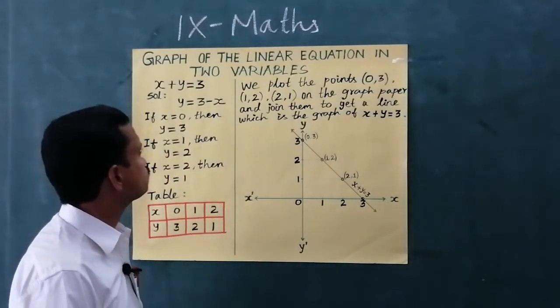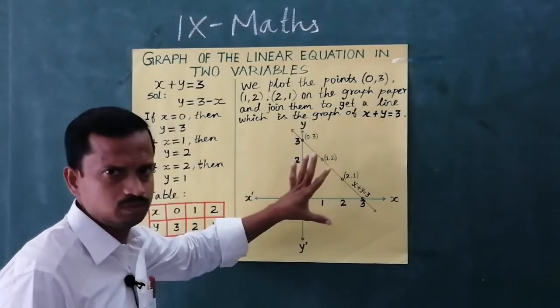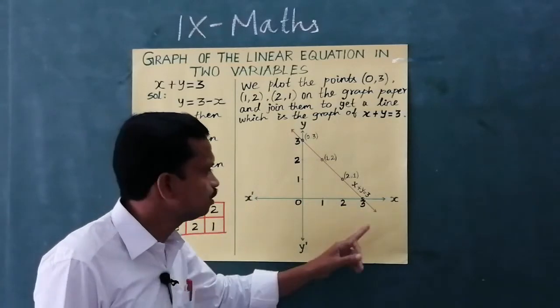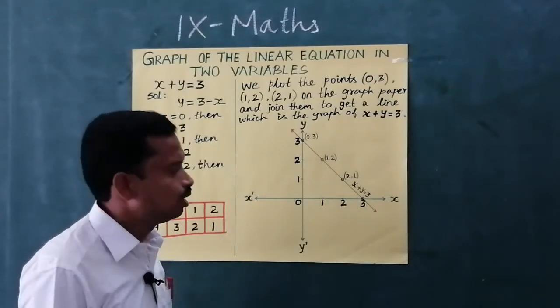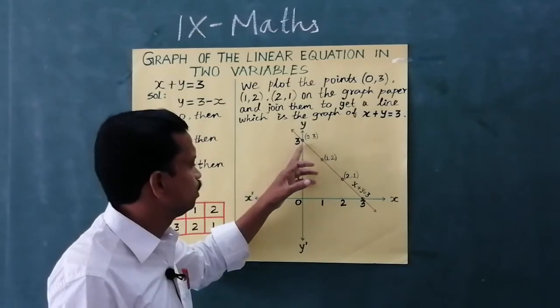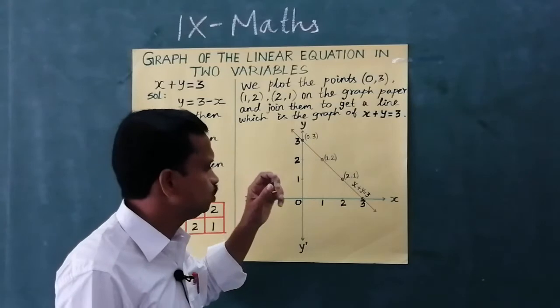Here you can see this line on this graph paper. You consider this as a graph paper, and this line represents the graph of the given equation. How is this line drawn? By using points, coordinates.